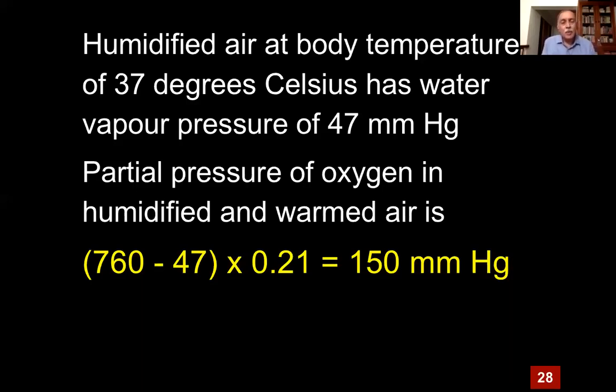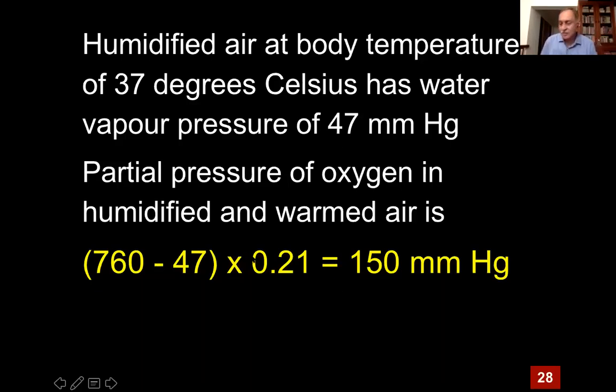Now, at body temperature of 37 degrees Celsius, water vapor, when it's fully saturated, exerts a partial pressure of 47 millimeters of mercury, and that needs to be subtracted from 760 millimeters of mercury when we now compute the oxygen partial pressure in humidified and warmed air as it is approaching the alveoli. So this is computed by this equation, 760 minus 47, which is the saturated vapor pressure of water at body temperature of 37 degrees Celsius. That gives us a value of 713.